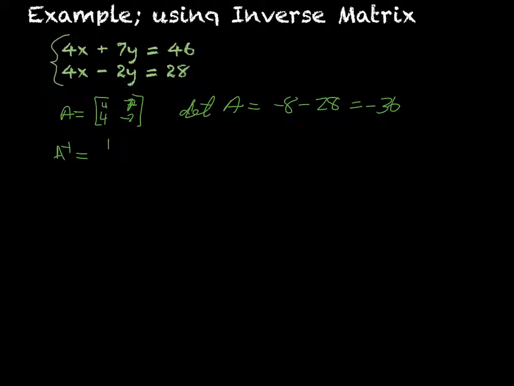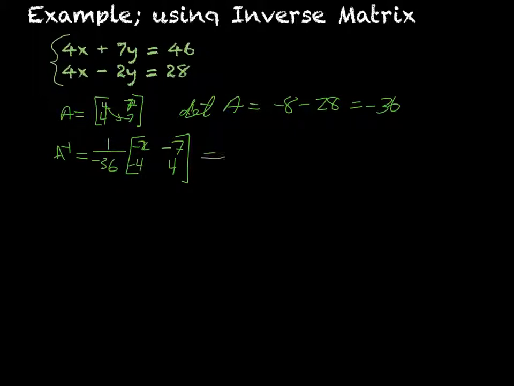So my inverse of A is going to be 1 over negative 36 times, switch those two around, the negative 2 and the 4, so it's negative 2, and then the 4 is down in that corner. Add negatives to the others, so negative 7 and negative 4.